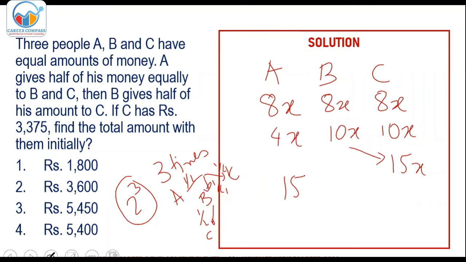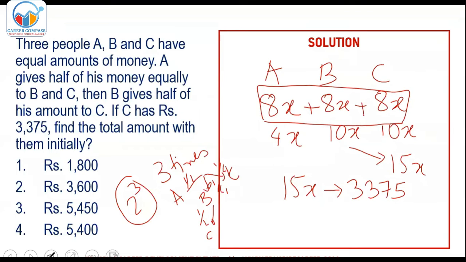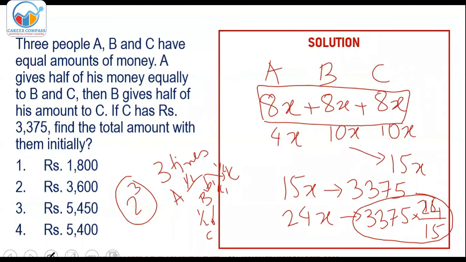So you can definitely say if 15x is equivalent to 3375, then the total with them, that is 24x, will be how much? So that will be 3375 into 24 by 15. I'm sure you can handle this calculation. It is pretty easy. So your answer will be 5400.